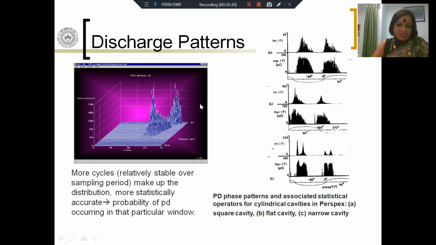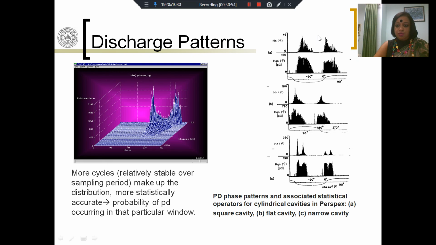So this is an example of a phi-QN pattern. These are 2D patterns, again taken from a paper which is in the public domain. What you can see is these are PD phase patterns for cylindrical cavities in perspex, and depending upon the shape of the cavity, you get a completely different PD pattern shape. The pattern looks completely different when you just visually look at it.